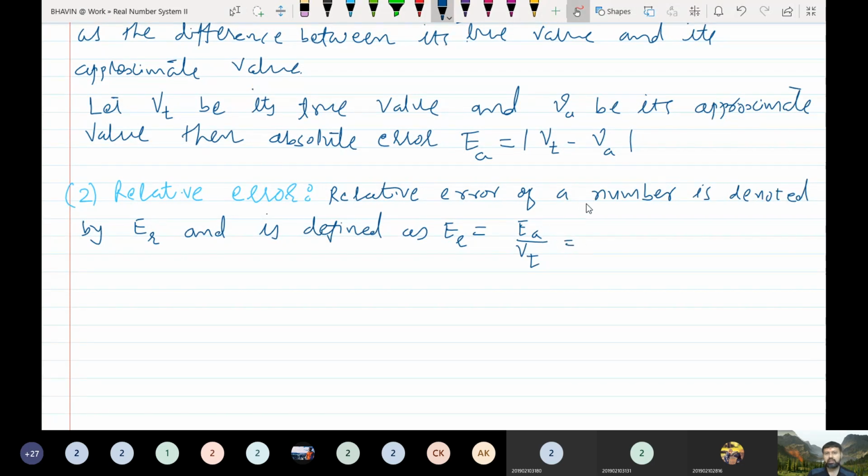Now what is EA? You can see from this, EA is Vt minus Va, upon Vt. So this is the definition of relative error.